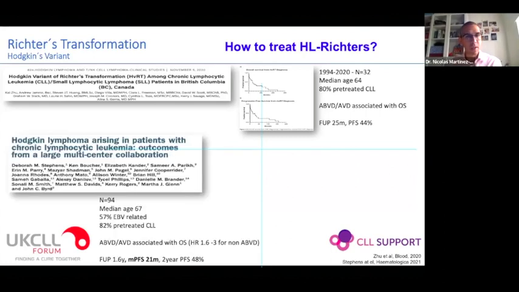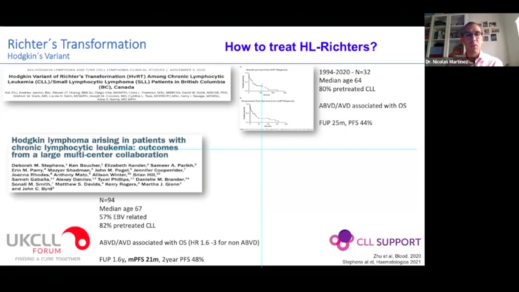There's another big multinational, multi-center study that has been able to record data from 94 patients with Hodgkin Richter's, demonstrating that most of them are EBV related, again mostly pre-treated, and confirming the findings that ABVD is associated with overall survival.